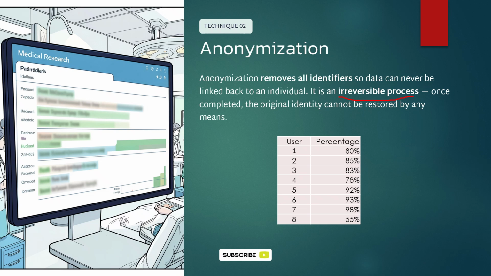In that case, you don't know which person has received what percentage, right? So it removes all identifiers. The name that was having 80% can never be linked back to that individual. So that is an irreversible process. That is called anonymization, which removes the original identity of that particular person.